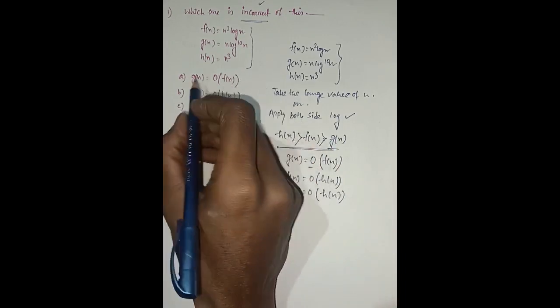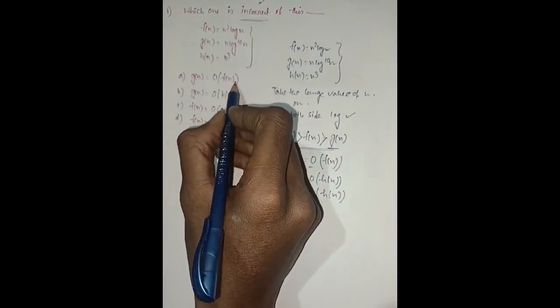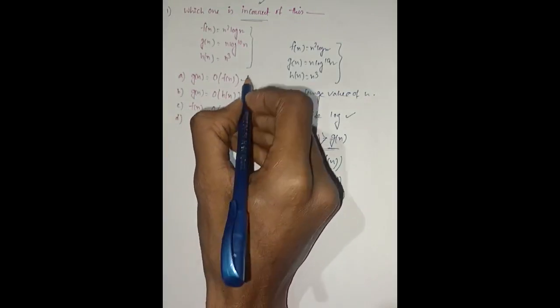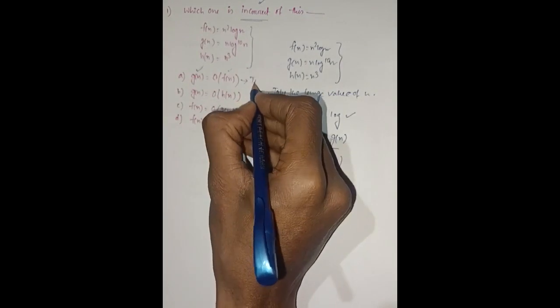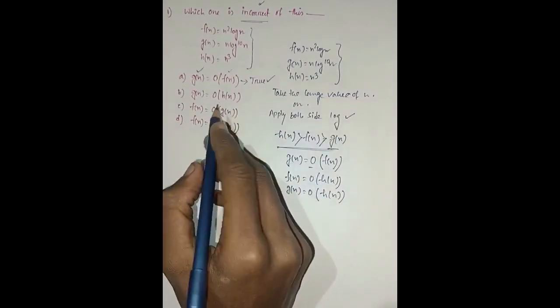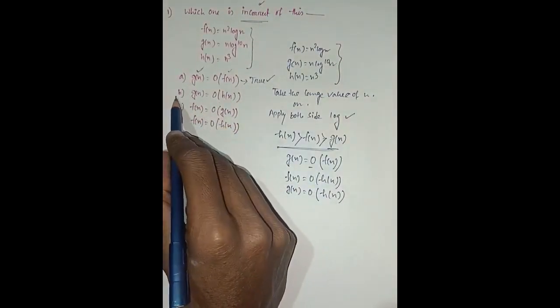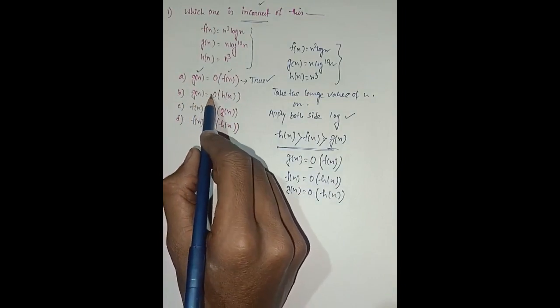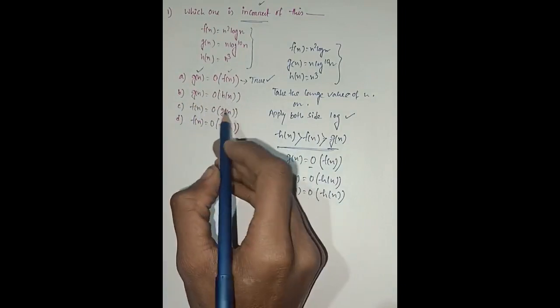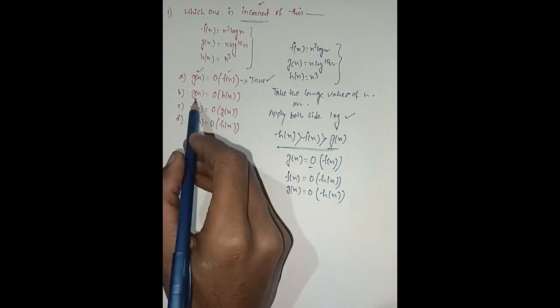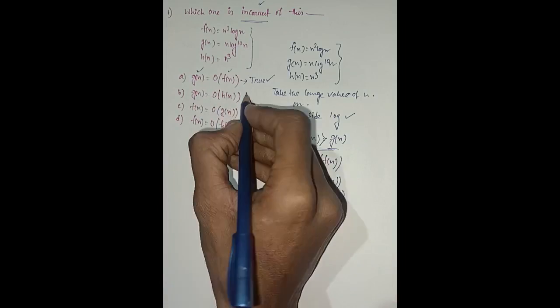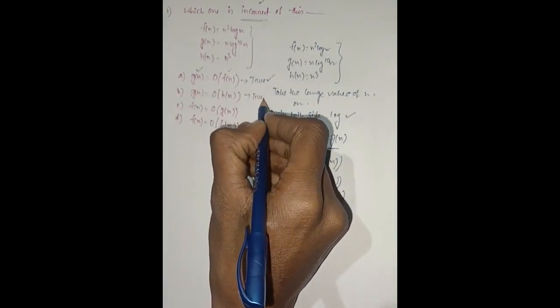In option A, g of n is big O of f of n, which is true because g of n is smaller than f of n. Option B, g of n is big O of h of n, is also true because g of n is smaller than h of n.